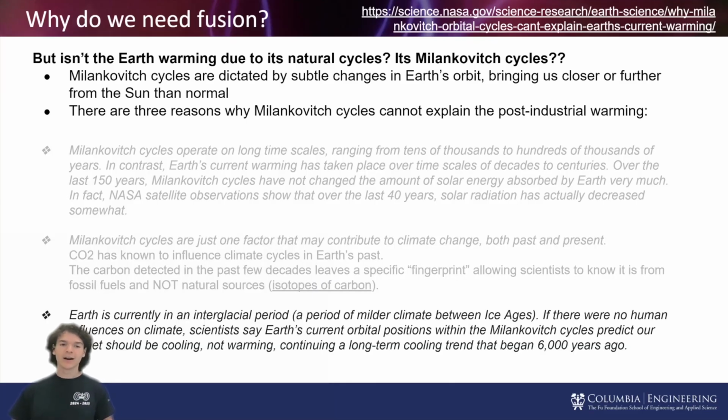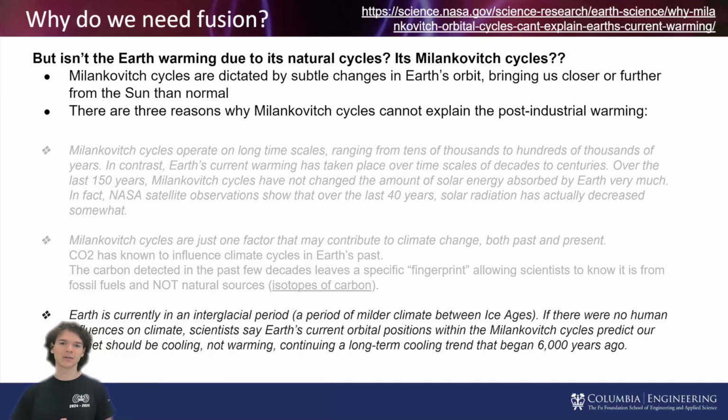And finally, we also know that the Earth is in the middle of an interglacial period, which is a non-ice age type period. If there weren't any human influences on the climate, we predict that our planet should be cooling and not warming right now, following a trend that has been going on for the past 6,000 years.